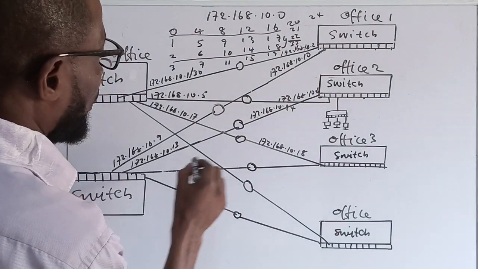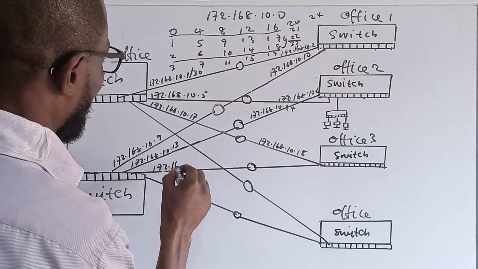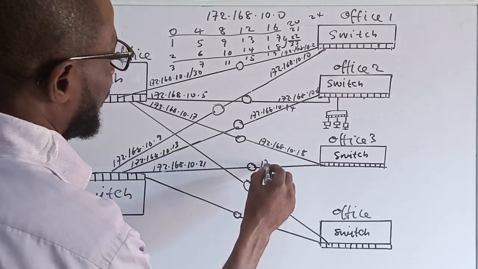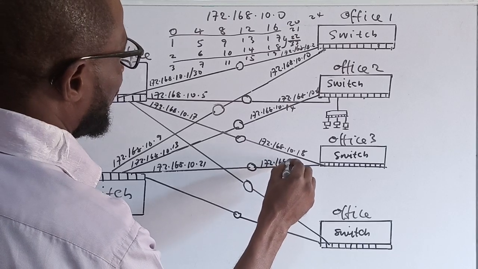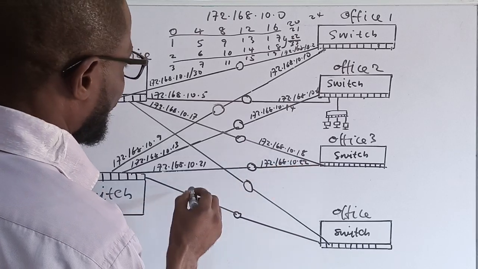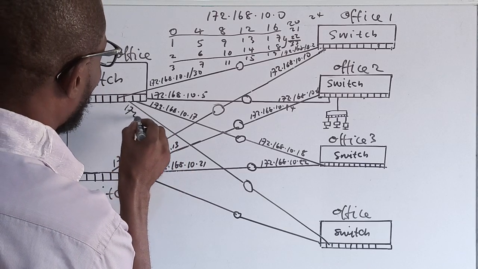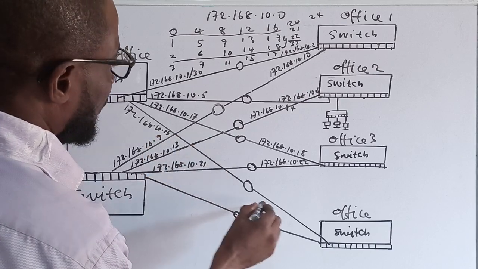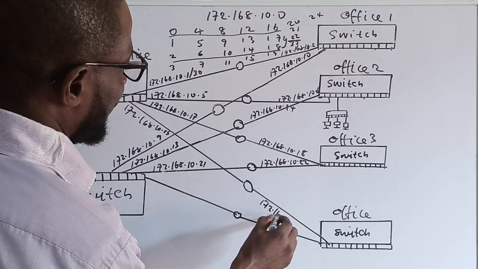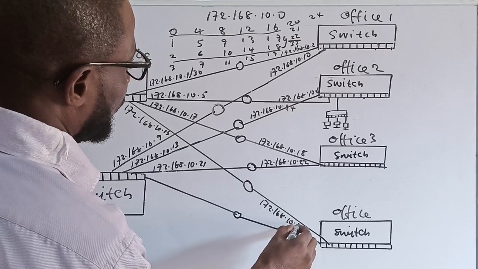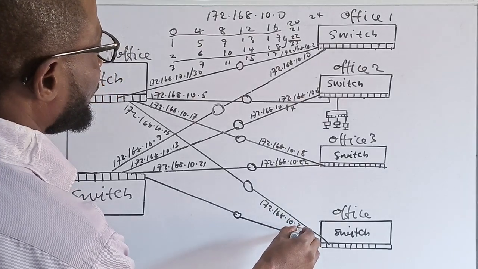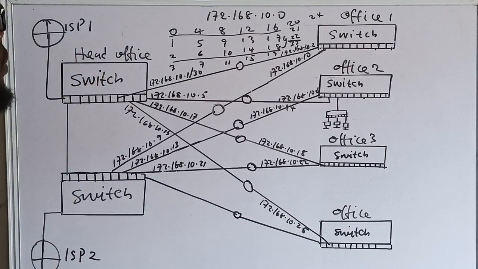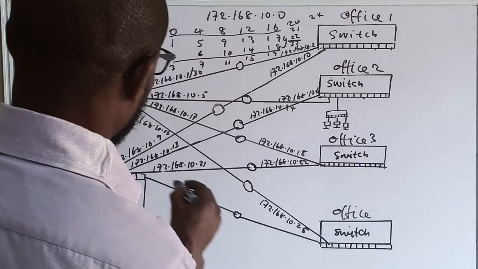So we need 172.168.10.21 and 172.168.10.22. Then 172.168.10.25 and 172.168.10.26.